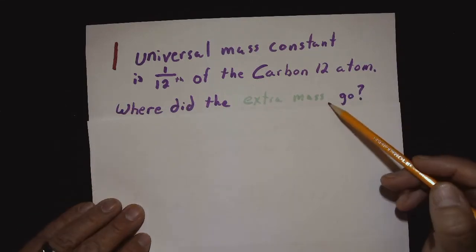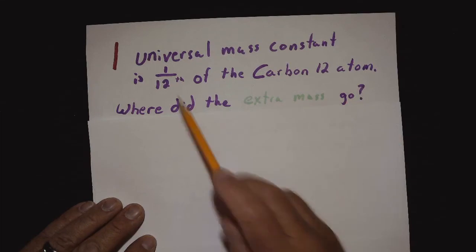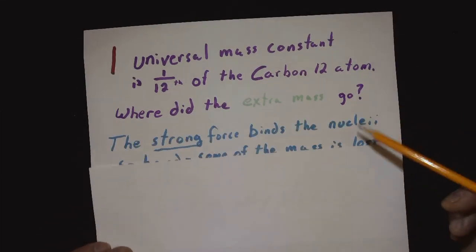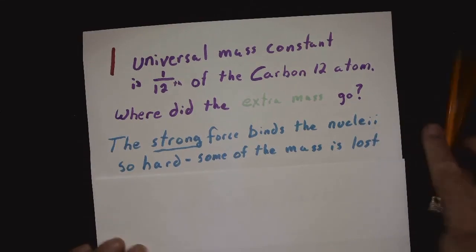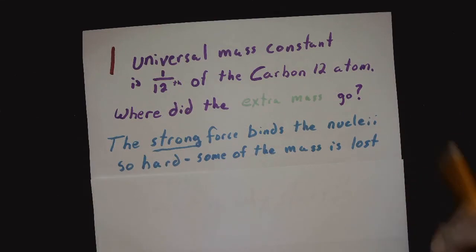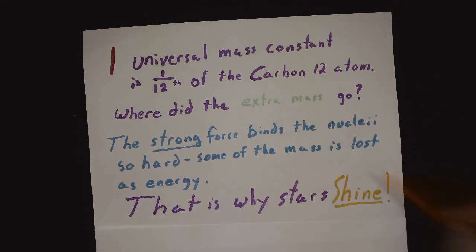So where did the extra mass go? A proton has a little bit more mass than what we have as 1/12 of the carbon-12 atom. Turns out the strong force binds the nuclei so hard, the strong force forces the nuclei to come together with such intensity, some of the mass is lost as energy.